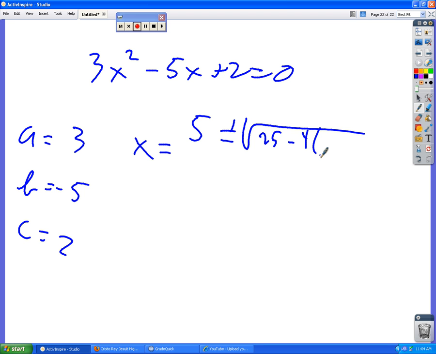What comes after negative 4? AC. What is AC? 6. I multiplied these together, but I put the 4 there, over 2a. What's 2a? 6. 2 times a, 2 times 3 is 6. And I plugged all the numbers in.